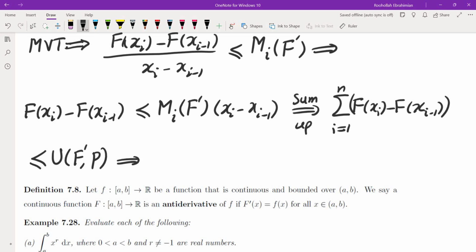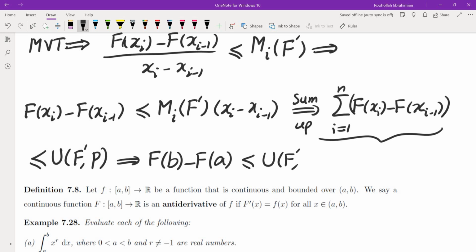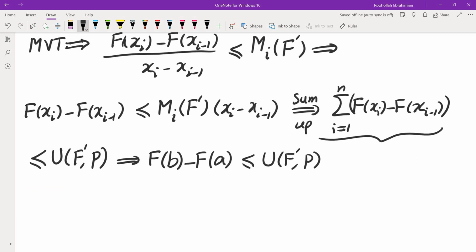Now this is a telescoping sum. This guy is a telescoping sum. So that's f of b minus f of a. That is less than or equal to the upper sum. Since f of b minus f of a is less than or equal to all upper sums, and the infimum of the upper sums is the integral, f of b minus f of a would be less than or equal to the integral from a to b of f prime.